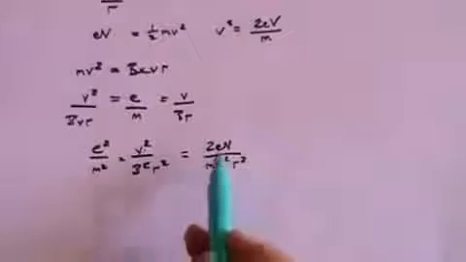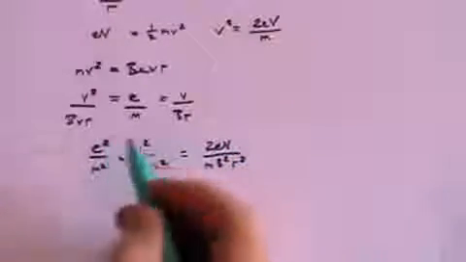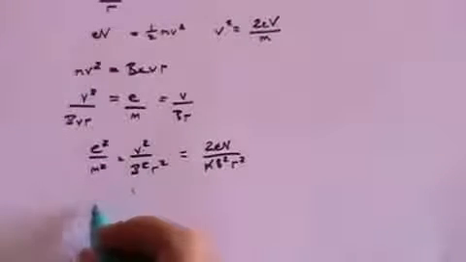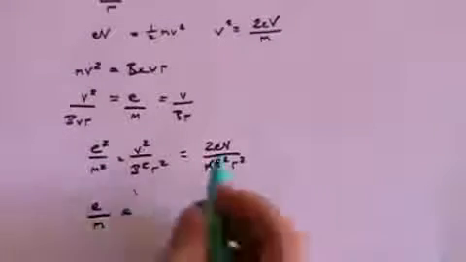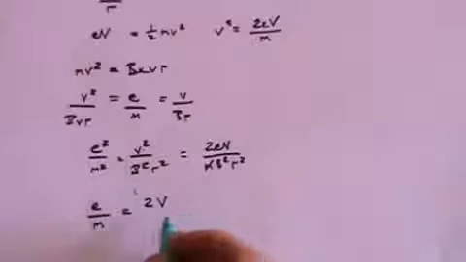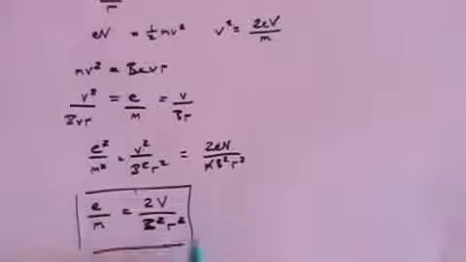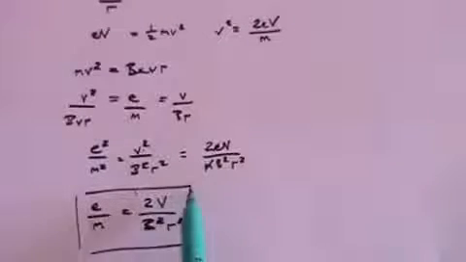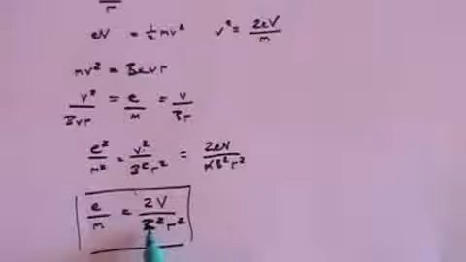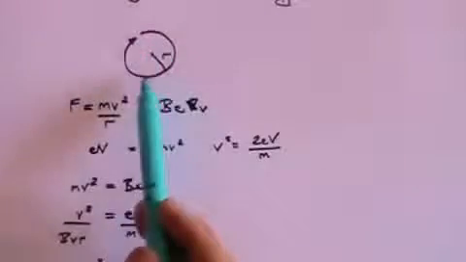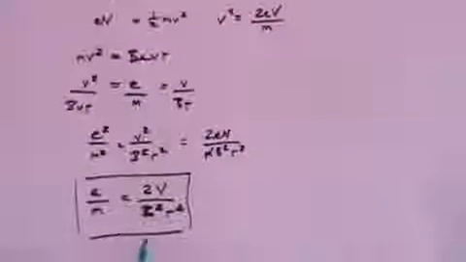And now that e will cancel one of the e's here, that m will cancel one of the m's there, and so now you've got e divided by m equals 2V divided by B squared r squared. And that is a formula for the charge divided by the mass, the specific charge, and it's expressed in terms of the voltage, which you know, the magnetic field, which you know, and the radius of the circle that the electrons are going round, which you know.